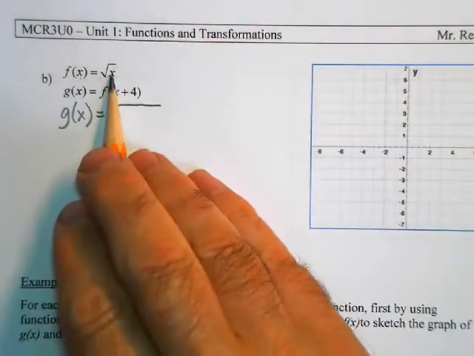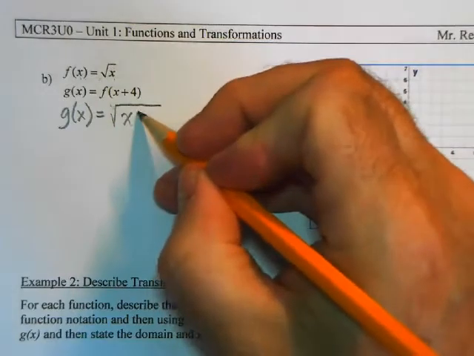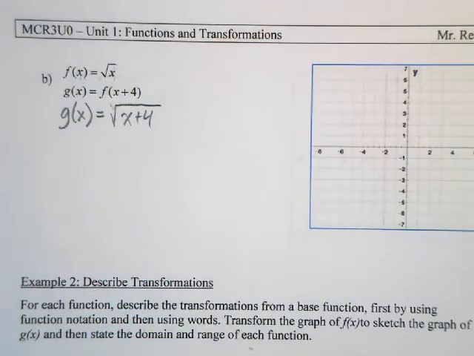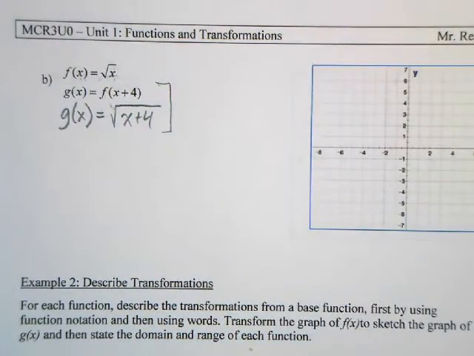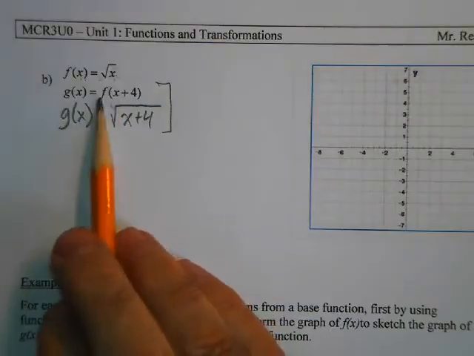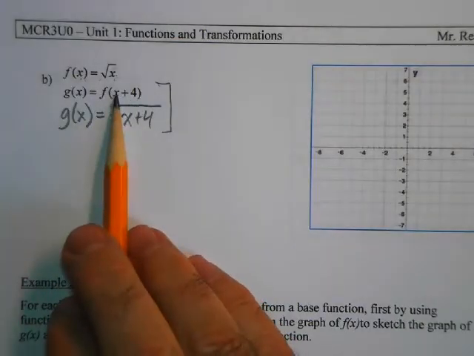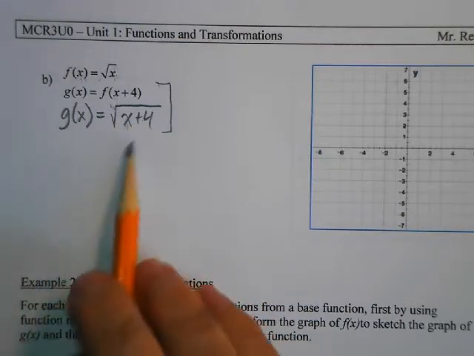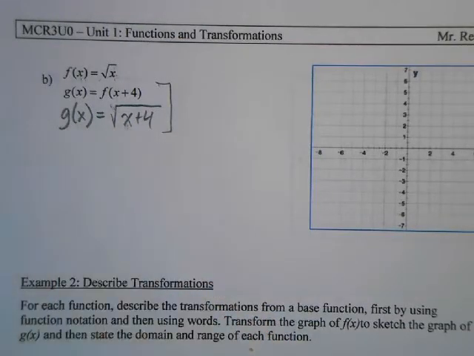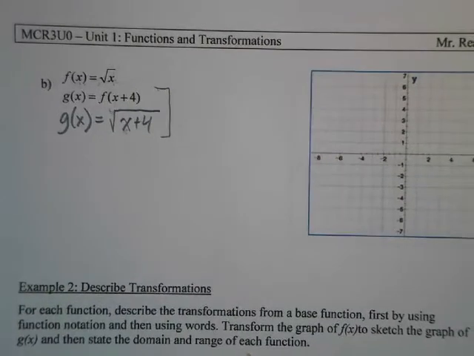So I'm changing x to x plus 4. So the x plus 4 is under the square root because that's where the input goes. Okay, so again, these two are the same function. They're just written in a different way. This is referring back to the base function, what's happening, and this is just the expanded version of the new function.